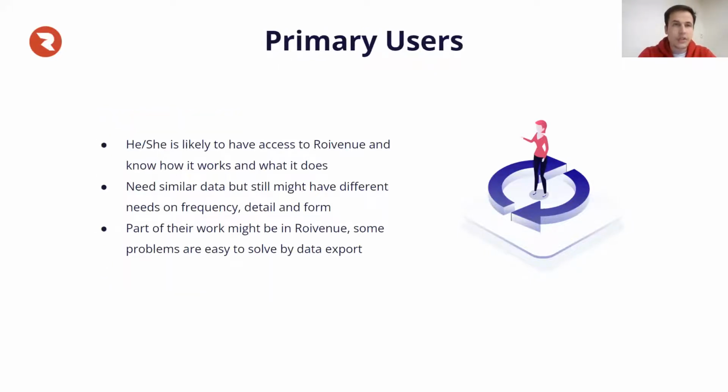Those two categories are quite different in how we, or you, as let's say the Roivenue ambassador in your company, should treat them. The primary users are very likely to have access to Roivenue. They know more or less what it is, what it's good for, why they should use it, etc. And all of them need a similar type of data.